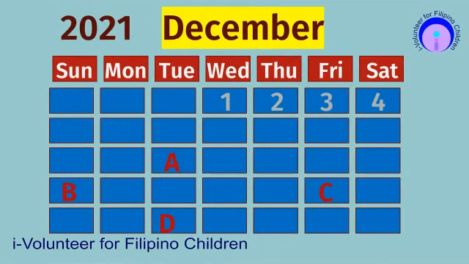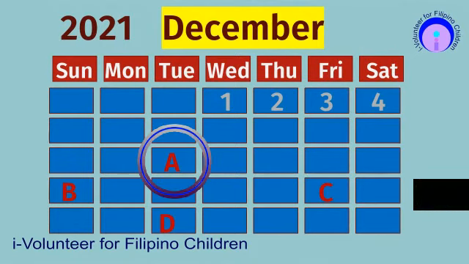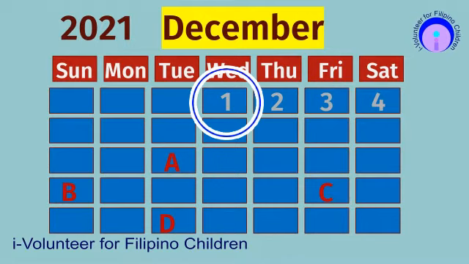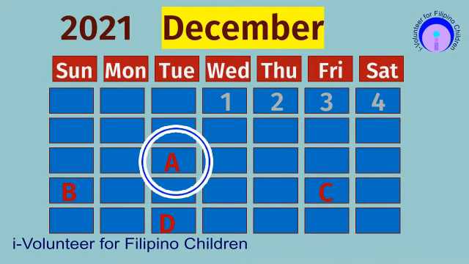Now the 12th month of the year, December. We find the specific date of the month indicated by A, B, C, and D. In finding A, I will start with 1. 1 plus 7 is equal to 8. 8 plus 7 is equal to 15. 15 minus 1 is equal to 14.